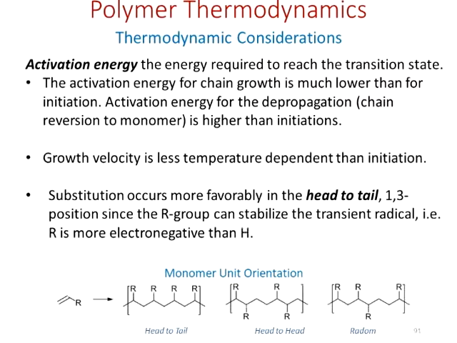Another way of saying that is that the activation energy for depropagation, that is chain reversion to the monomer, is higher than initiation. In other words, once the initiation starts, the polymer wants to be formed. That's what it's saying. All the activation energies required to get to the polymer are favorable. Okay? Now, in growing the polymer, the growth velocity is less temperature dependent than initiation.